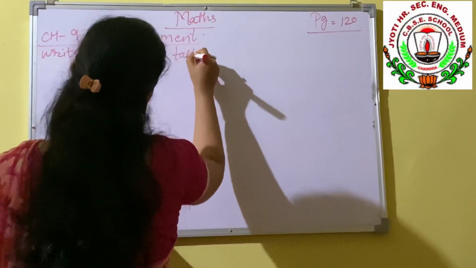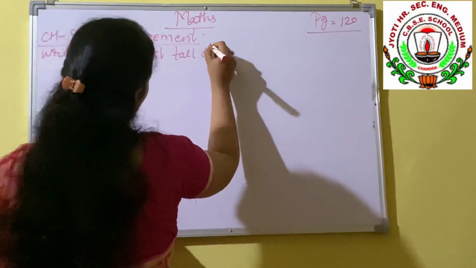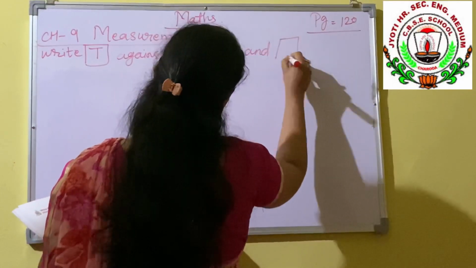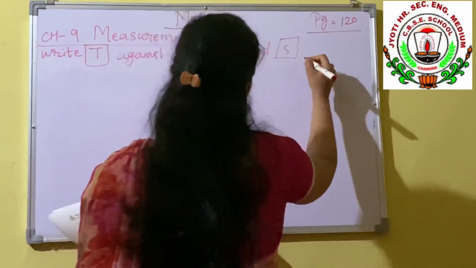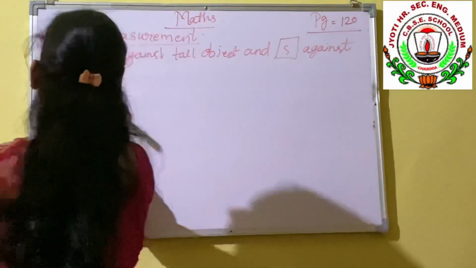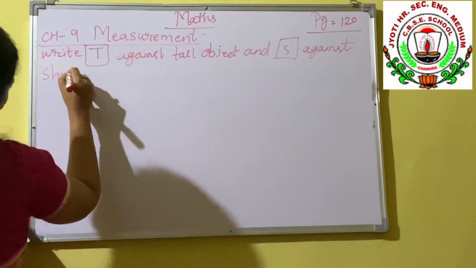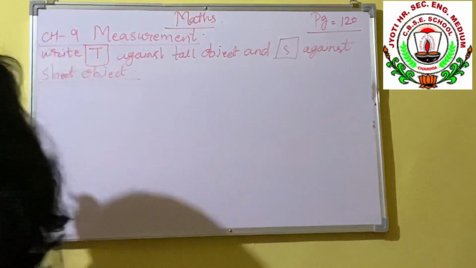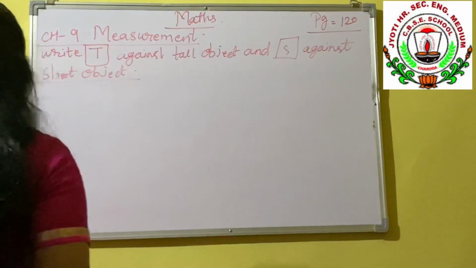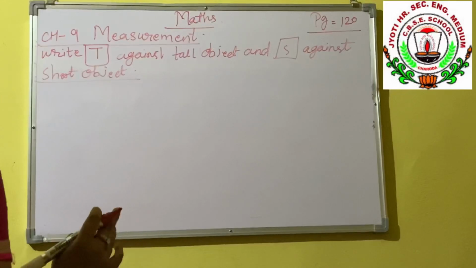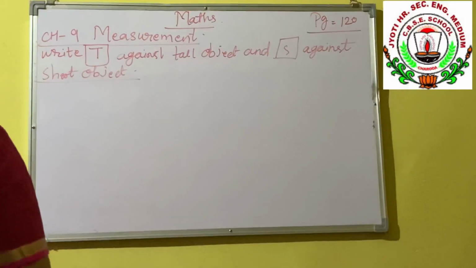Tall object के लिए T लिखना है अपन को and S against short object. Okay, और short object के लिए S लिखना है. So I will take only one example from this because we have to continue our next point also.